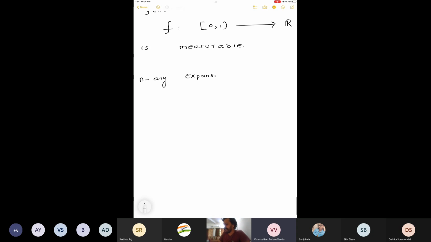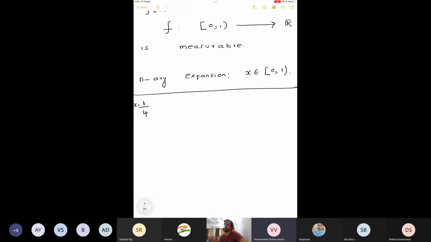What do we mean by decimal expansion, binary expansion, ternary expansion, etc., of, say, an x in [0, 1]? For instance, let us take x equal to 1/4.